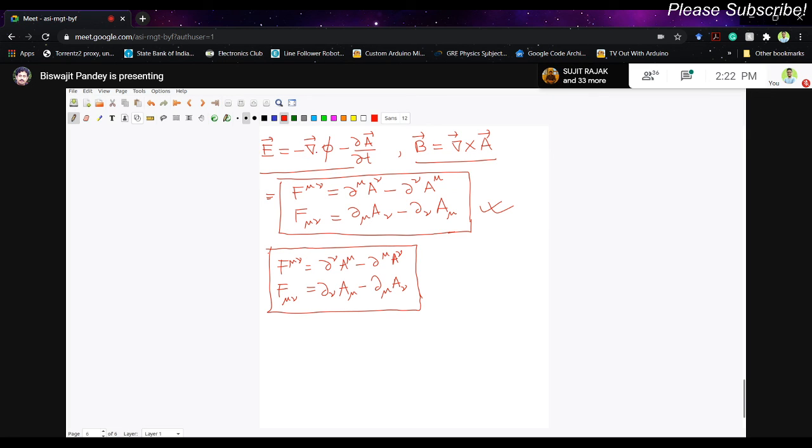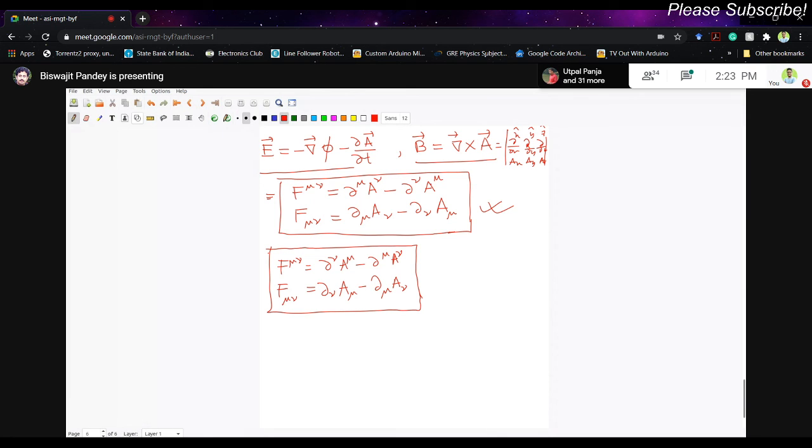The electric field is the x component of this thing: minus del phi del X minus del Ax del T. Similarly, Ey will be minus del phi del Y minus del Ay del T. And similarly, Ez will be minus del phi del Z minus del Az del T. And break this into x-cap, y-cap, z-cap, and del X, del Y, del Z, Ax, Ay, Az.